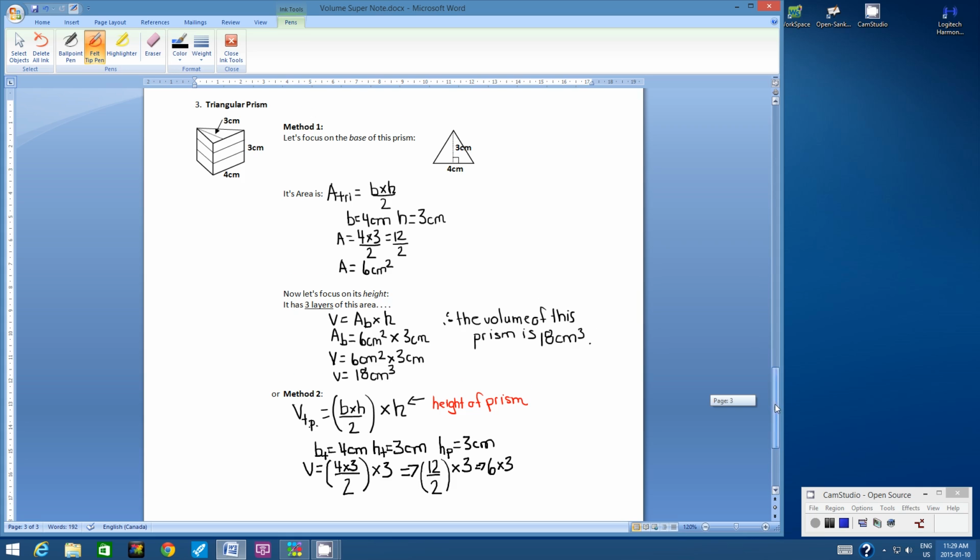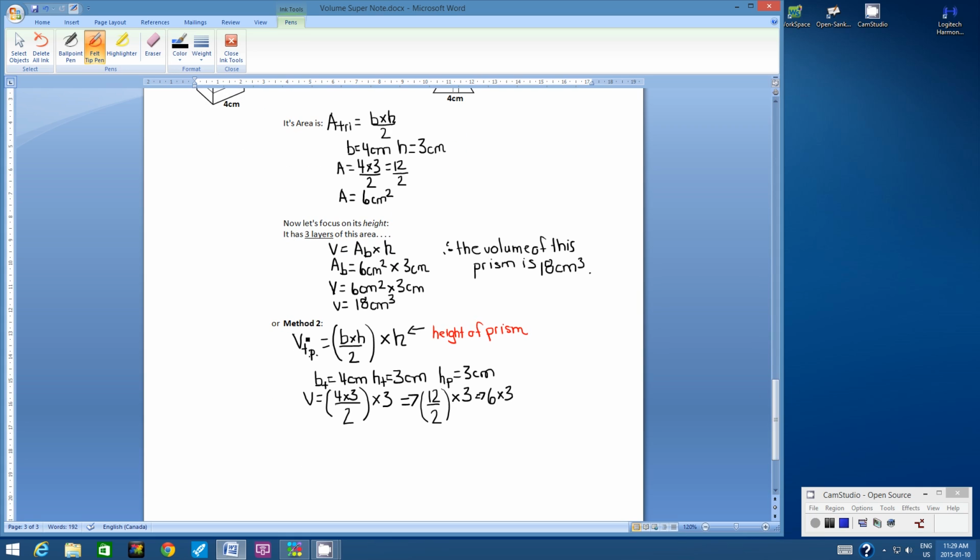So let me give myself a little bit more room here. All right, so let's go down to the next line. Volume equals 6 times 3 is 18. The units we were using were centimeters, and because it's volume, it has to be to the power of 3.